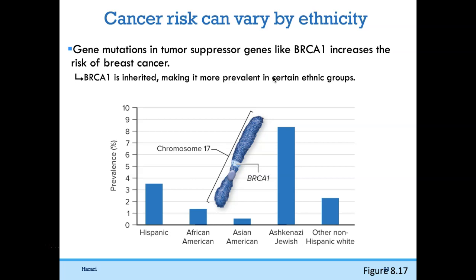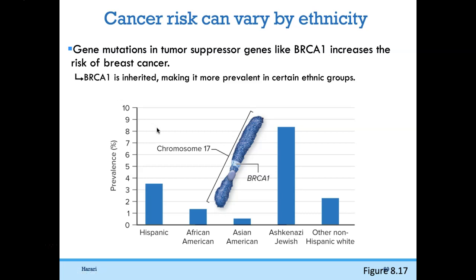So there are some versions of BRCA1 that are mutated that do not function like proper tumor suppressors. So therefore, those individuals are more likely to develop cancer, right? Because there's no stop signs, right? There's no brakes. So BRCA1 is inherited, which makes it more prevalent in certain ethnic groups.